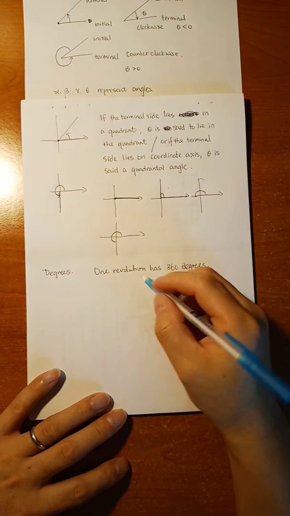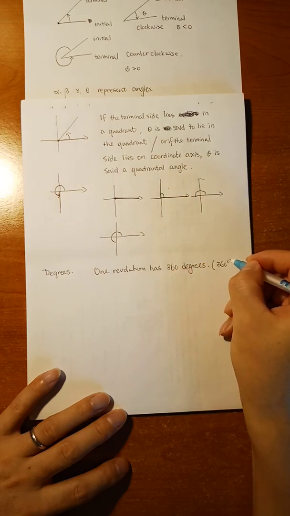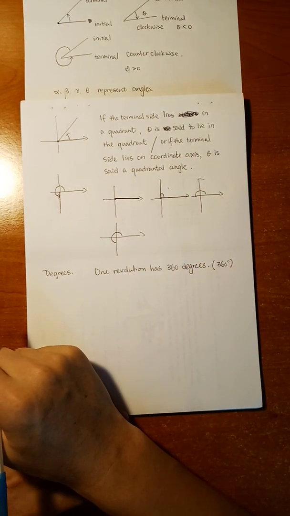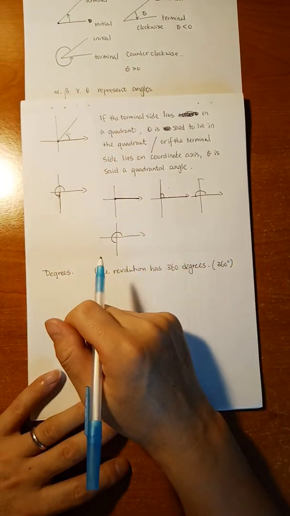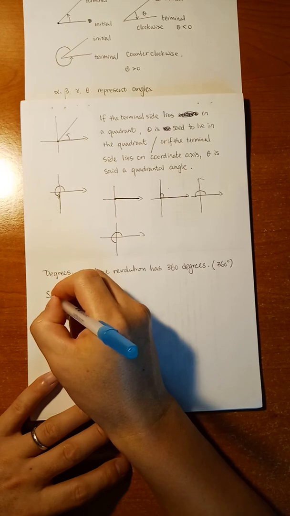And 1 degree, of course, is 1 over 360 of a revolution.